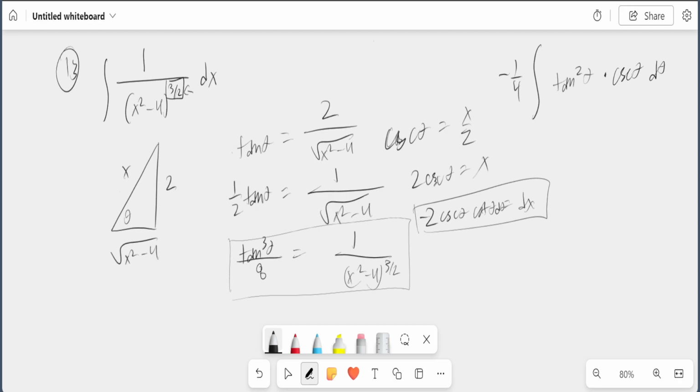Wait, hold on. I'm trying to think of the best way to do this. Yeah, okay. I guess the easiest way, I wouldn't try doing it by parts. There's no reason to, really. Sine squared theta over cosine squared theta times 1 over sine theta. Boom. Sine theta cancels one. So we get negative 1/4 times sine theta over cosine squared theta d theta.